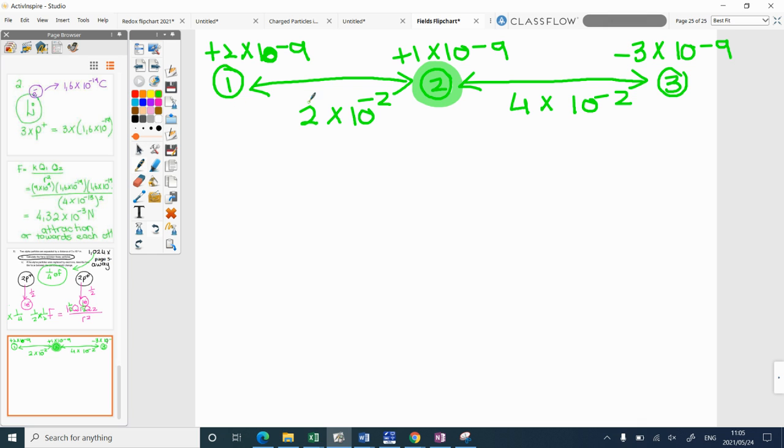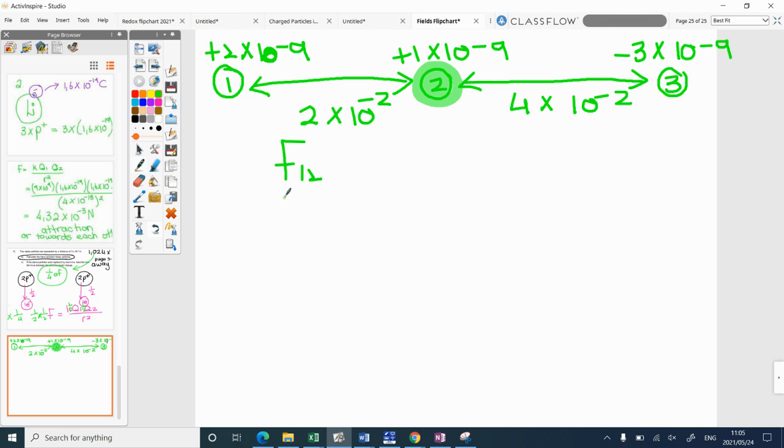Now if we look at this force here, I would call it F1,2. Please remember in a test that's not enough. You have to say force on 2 or between 1 and 2. That's fine. But for a free body diagram, we have to label our diagrams. F1,2 is a force I made up.